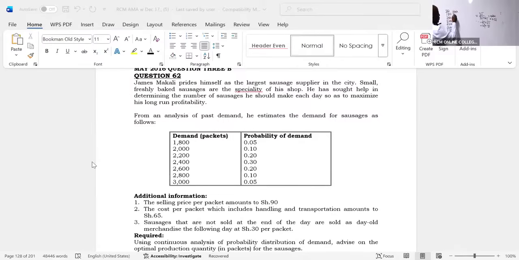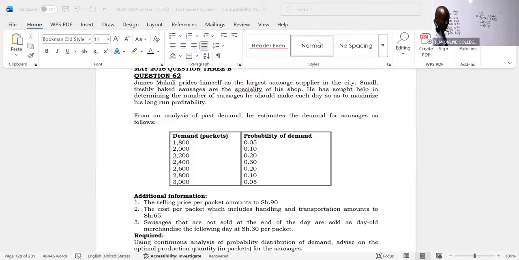Probabilities, we have 0.05, 0.10, 0.20, 0.30, 0.20, 0.10, and then we have 0.05. So please don't write your normal cumulative probabilities.